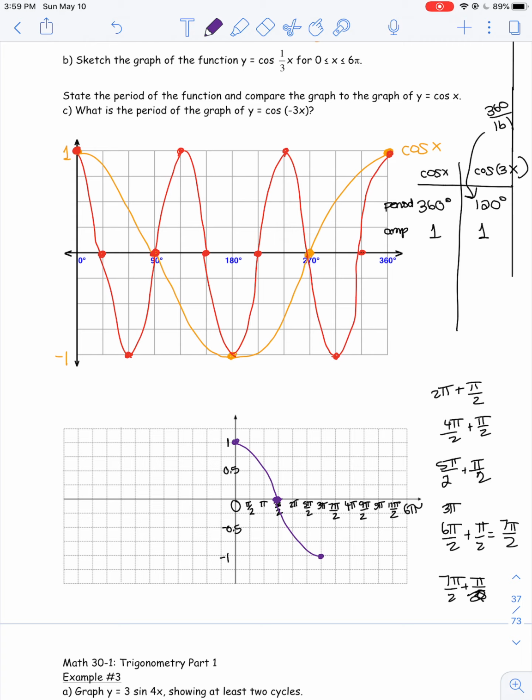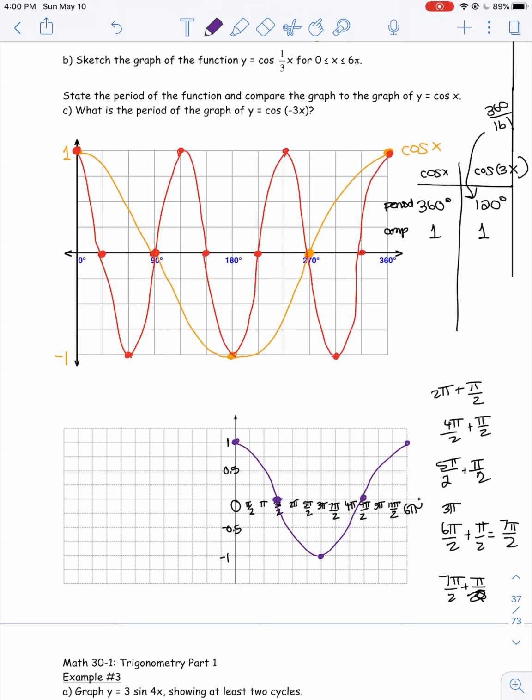And then every 3 intervals, 1, 2, 3, 9 pi over 2. So trace 9 pi divided by 2. That should be where it's at 0 again. And then at 6 pi, if you put in 6 pi into trace, you should get that that is where it's a maximum. Okay, so that is what my graph looks like here.